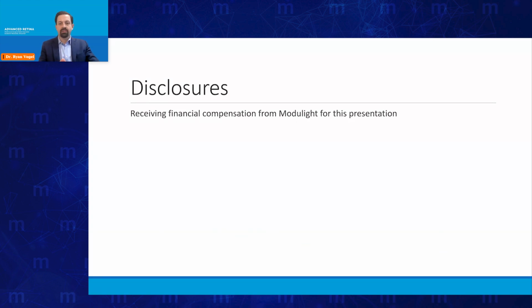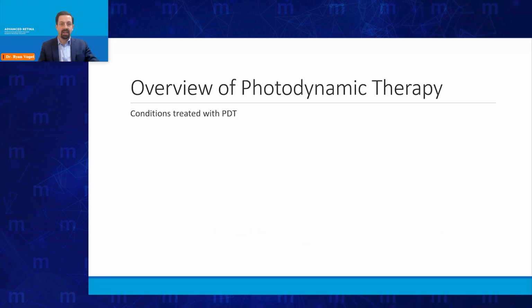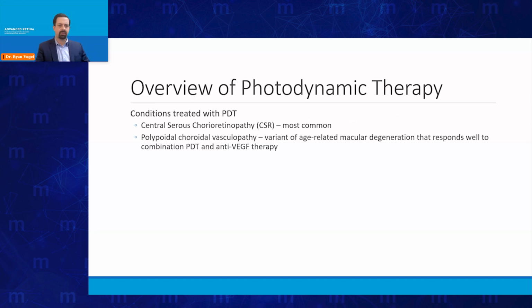I'd like to first start with an overview of photodynamic therapy, or PDT. What do we use it for, just for people who may not be familiar with this modality? Central serous chorioretinopathy is the most common indication in the modern era. It's also been shown to be very effective for patients with polypoidal choroidal vasculopathy, which is sometimes seen as a variant of age-related macular degeneration.